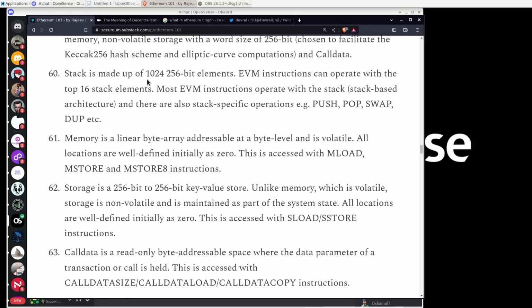Stack is made up of 1024 256-bit elements. EVM instructions can operate with the top 16 stack elements.